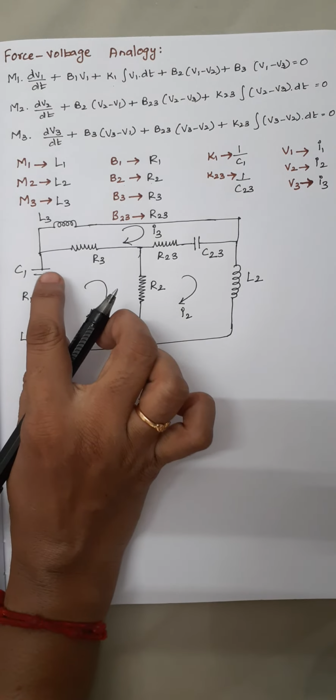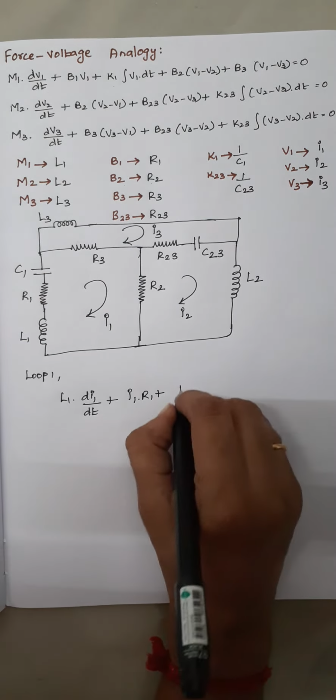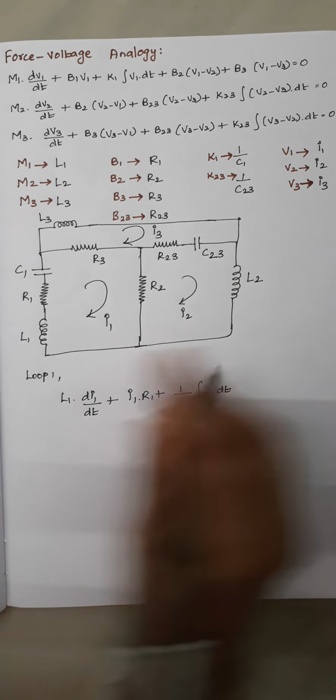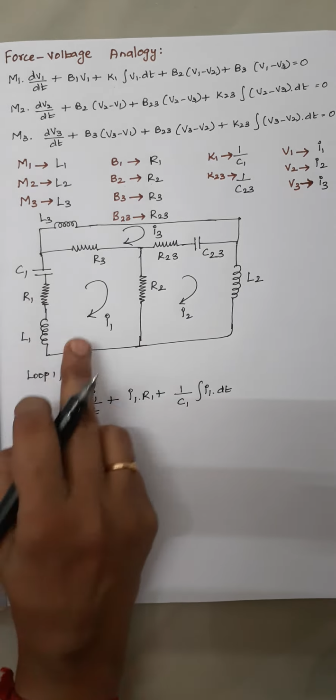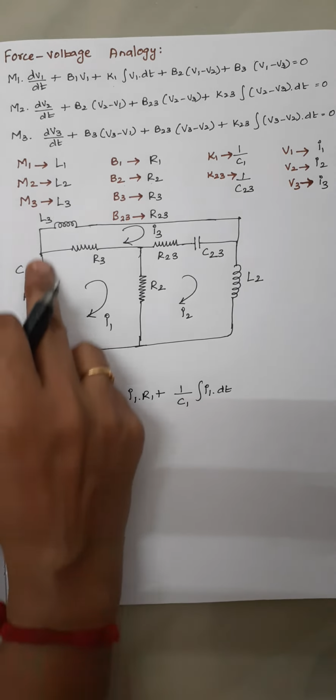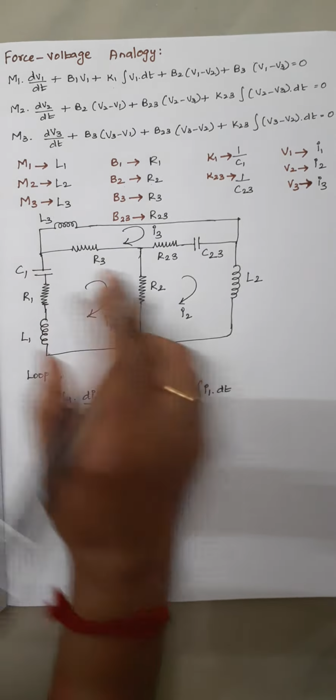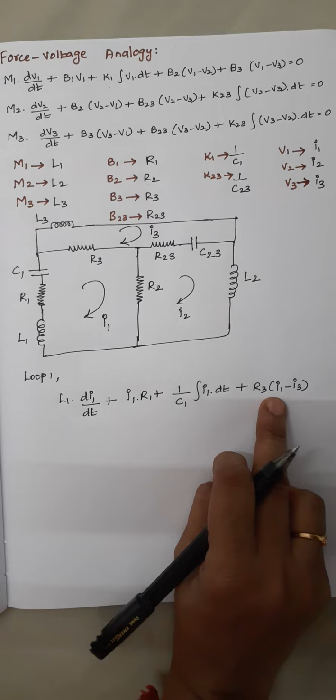And the next one is the voltage across the capacitor, given by 1 by C1 into integral of I1 dt, because in this part of the circuit we are having only current I1 flowing through it, right? And the next one is consider R3. In this R3 there are 2 currents flowing, one is I1 and another is I3. So here you have to write it as R3 into I1 minus I3, because here we are considering loop 1, I1 should come first, right?